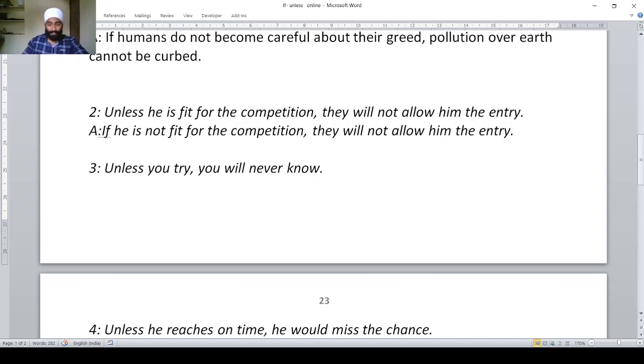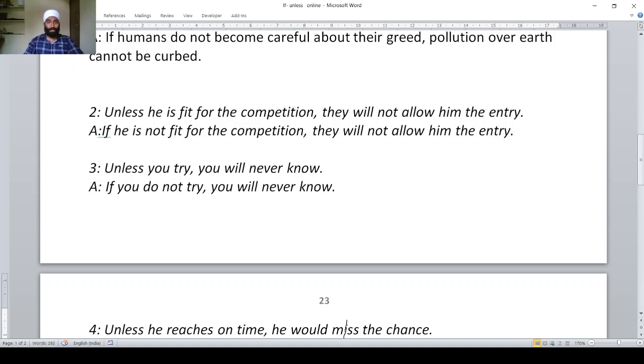Come to the next sentence. Unless you try, you will never know. If you do not try. We have used if you do not because the given sentence is in simple present tense. If you do not try, you will never know. Come to the next example.